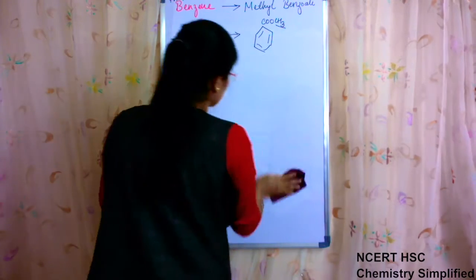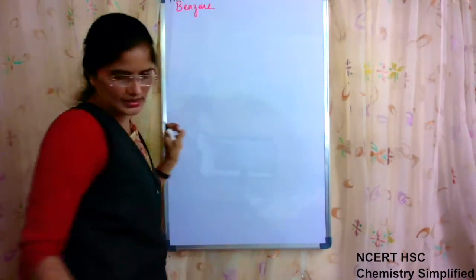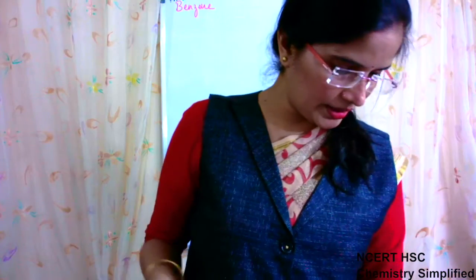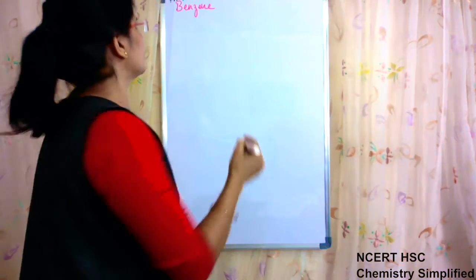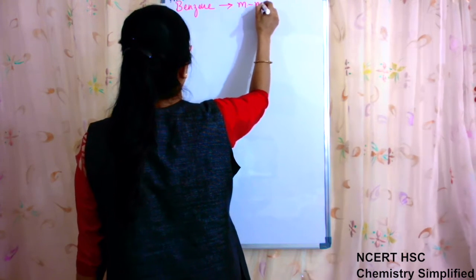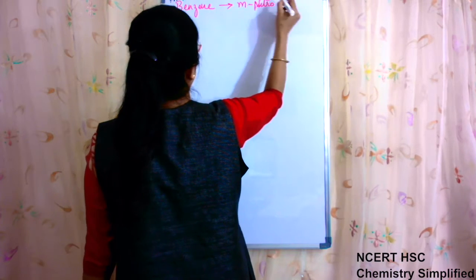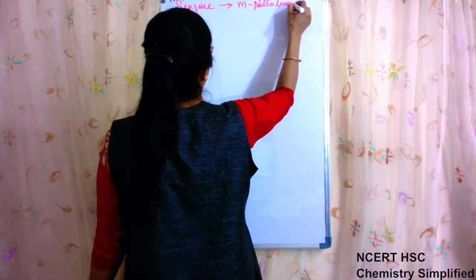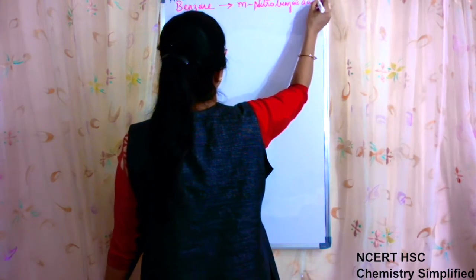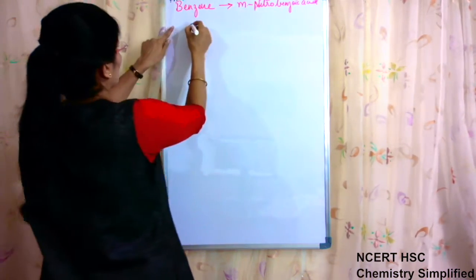Similarly, we come to next. Now from benzene, next thing which is to be prepared is M-nitrobenzoic acid. Again writing the formulas first.